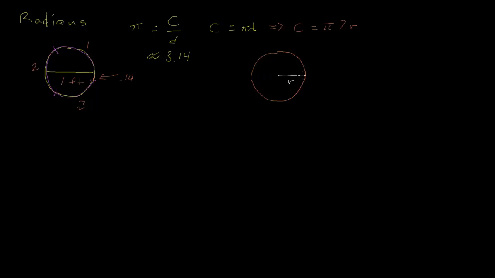And we can say a radian is the arc length. 1 radian is 1 radius wrapped on the circle. That's about 1 radian.